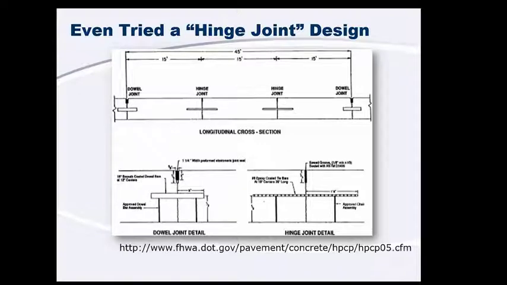So the combination between the two were supposed to work in tandem, such that you would get good load transfer at all your joints. Now, this worked relatively well, but the issue is its constructability can be kind of chaotic because you have to keep track of which joint has which mechanism for load transfer. So it didn't really catch on.